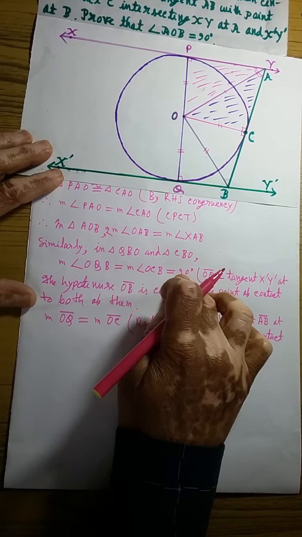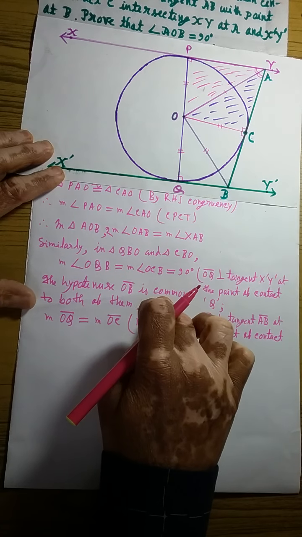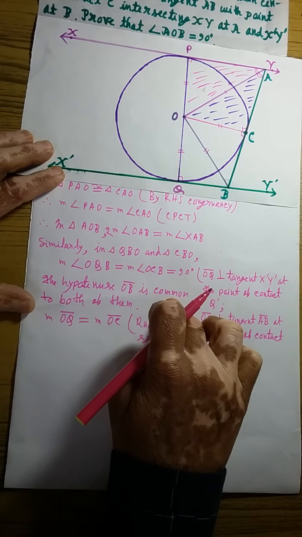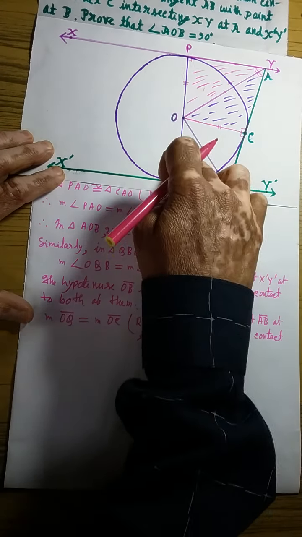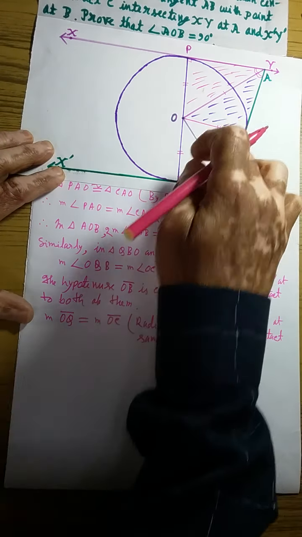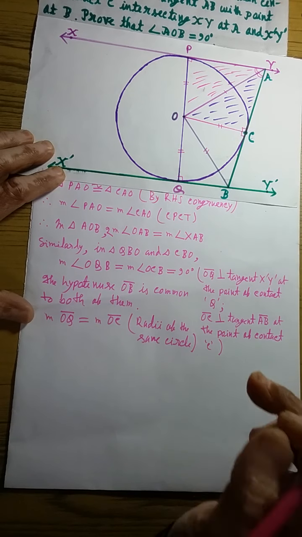So we have got a right angle here, common side OB as hypotenuse, and the sides OQ and OC are equal to each other.